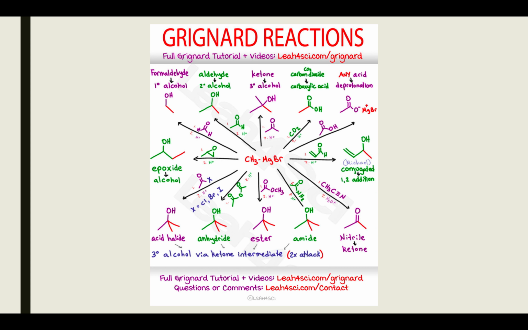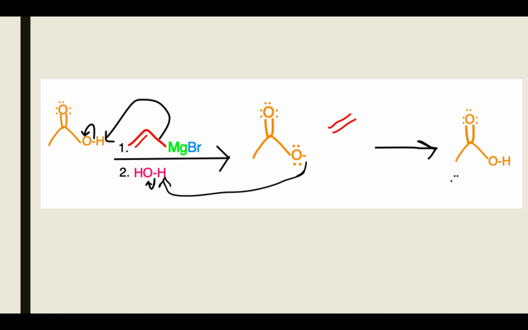As shown in this Leah4Sci study sheet, Grignard reagents react very well with various types of carbonyl-containing compounds to create a variety of alcohols. The exception, though, as you can see, is carboxylic acid. This is because of the acidic proton on the hydroxyl group present on the carboxylic acid.